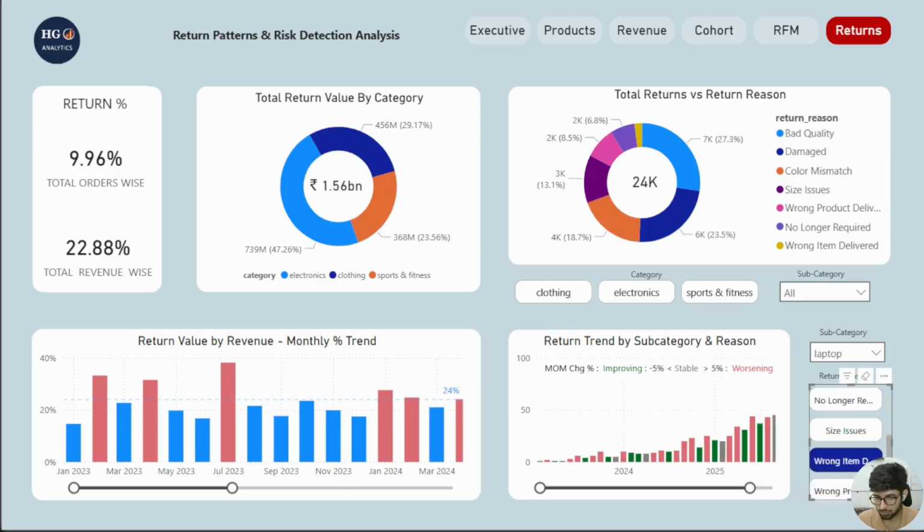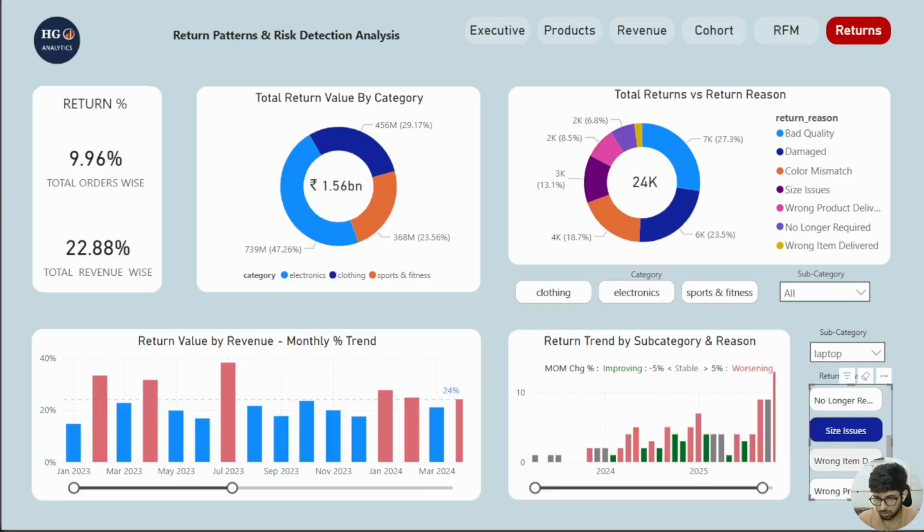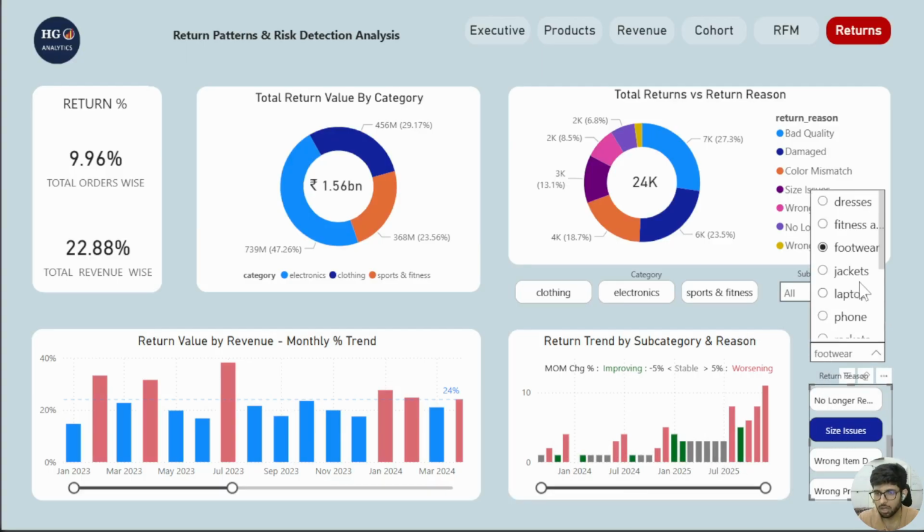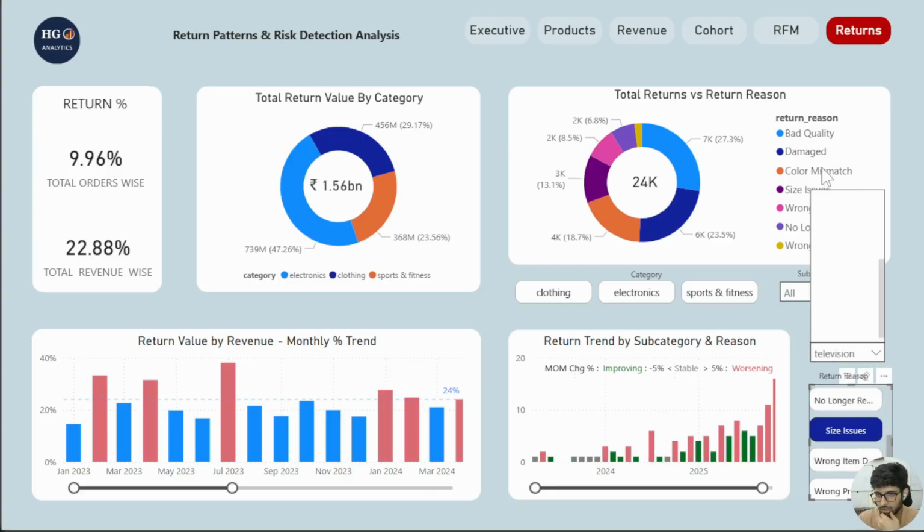For wrong items it was fine. And for size issues you can see it was actually fine. Laptops don't have size issues like phones or whatever. For footwear, the size issues were fine in this area. You can see all things by yourself.